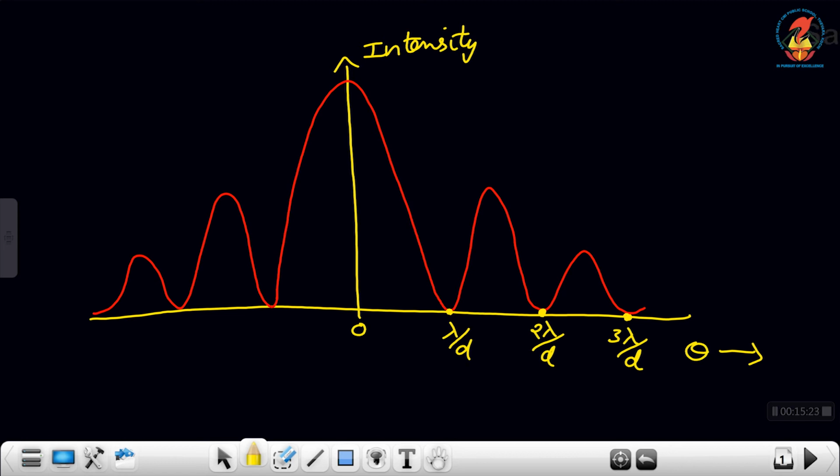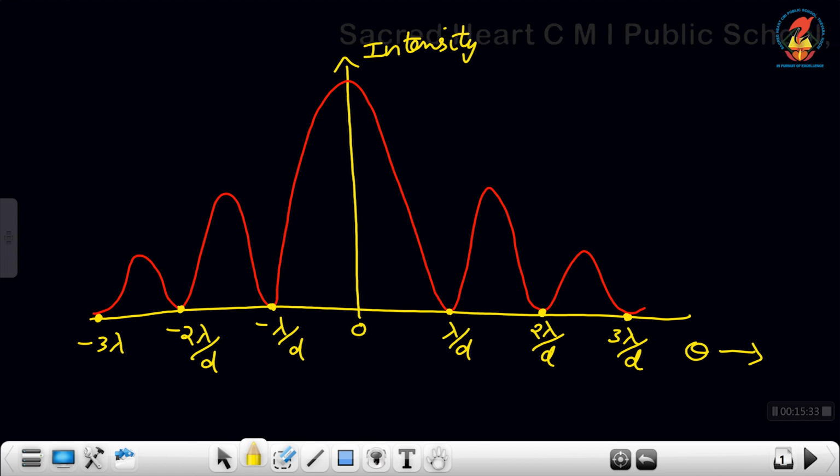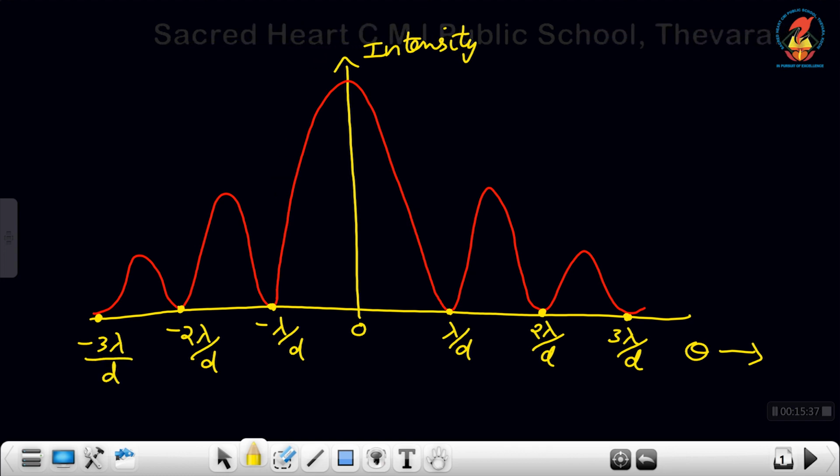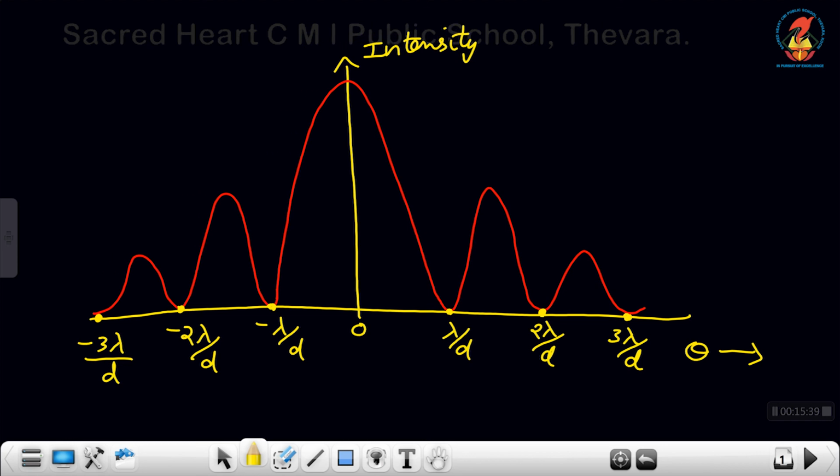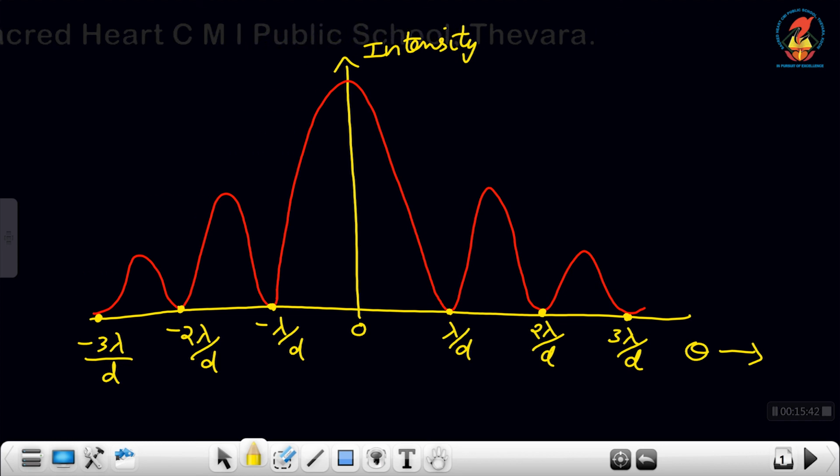Similarly, on the other side it is minus lambda by d, minus 2 lambda by d, and minus 3 lambda by d. So this is the intensity distribution curve for diffraction. But for interference, we have already seen the intensity is the same and the fringe width is also the same.